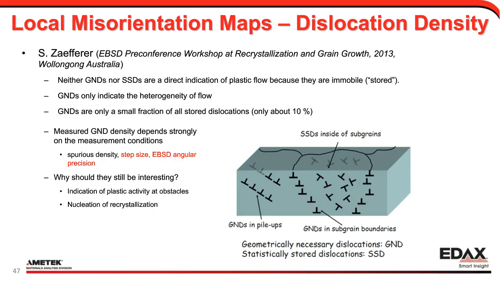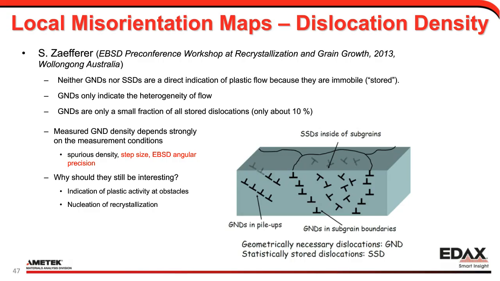But GND density depends upon the measurement conditions, step size, angular precision, and I'll come to those points. But regardless of those things that we don't necessarily always understand, they are always interesting because they do give us the indication of plastic activity at obstacles. For example, we see pileup at grain boundaries.